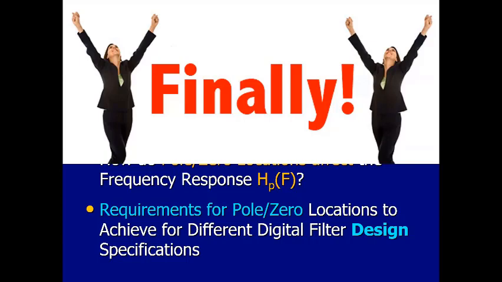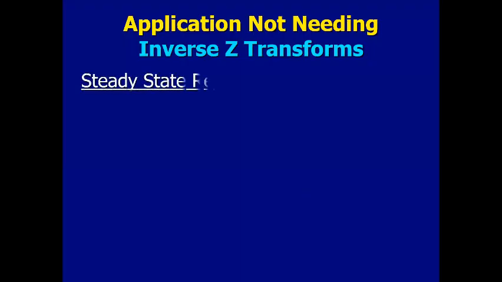And we'll introduce our first actually legitimate design technique for discrete time filters, namely one where we design the shape of the magnitude response by the locations of the poles and zeros. So moving finally from analysis to design.